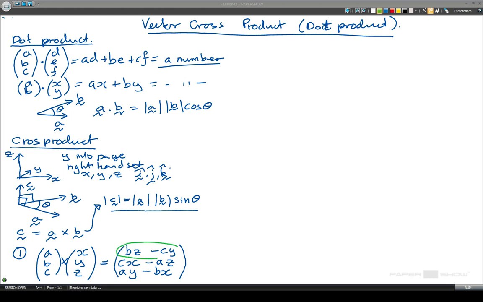So let's just put some colours on. For this one here, at the top, we're doing a sort of determinant with B times Z minus C times Y. For the middle one, we do a determinant this time as it's C times X minus A times Z. And finally, for the bottom line, we have A times Y minus B times X. So that is one way of calculating the cross product between two vectors.